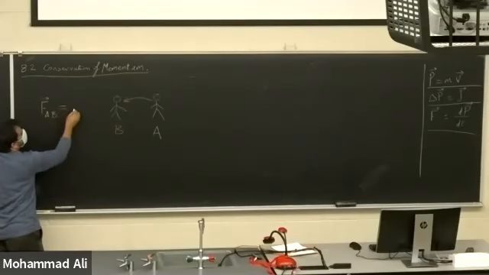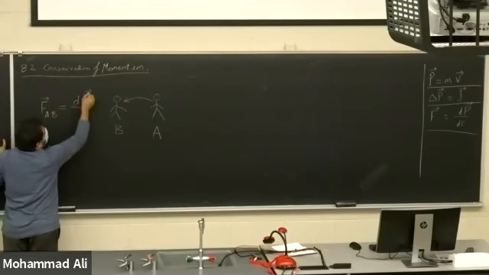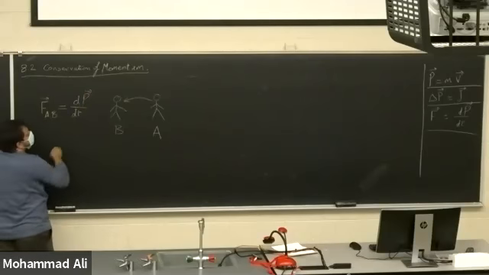So this will be equal to dP by dt for the object B.